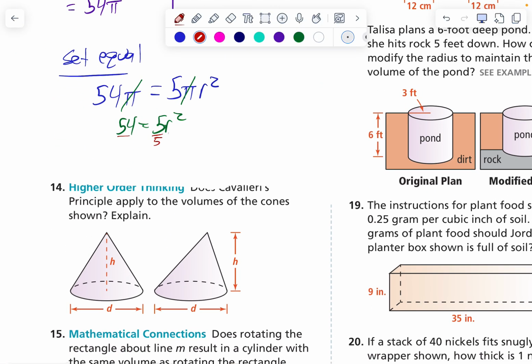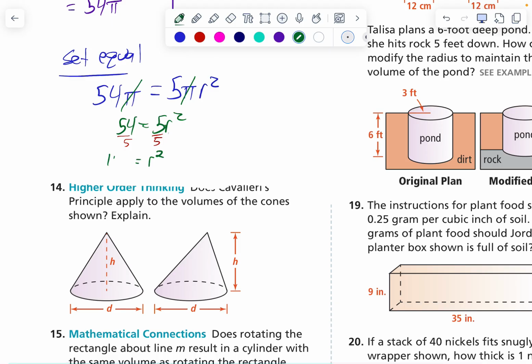Divide by 5 first. And we'll get r squared. This is barely not 11, so like 10.8. Wish I could write a 2.